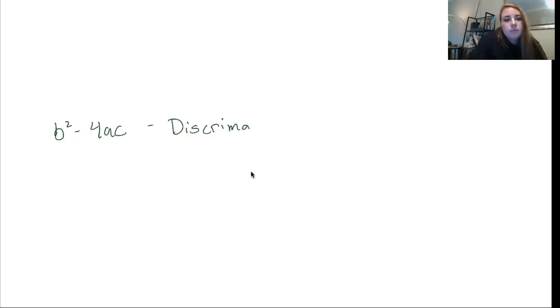I need to make sure. Discriminant. I don't know why they make mathematical terms so confusing and hard to spell. I'm not good with letters in that sense, right?